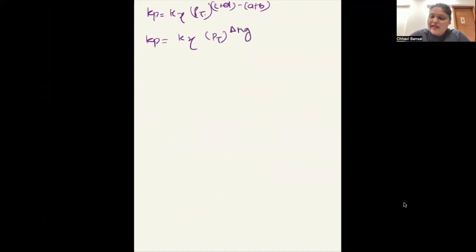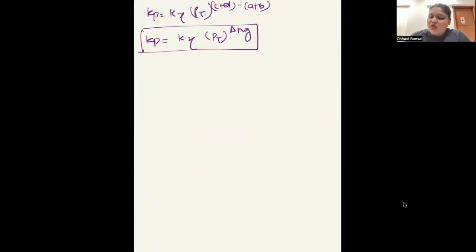Now, what is this? This is nothing but K psi, right? So Kp equals K psi P total raised to the power (C plus D) minus (A plus B), that is, Kp equals K psi P total raised to the power delta Ng.